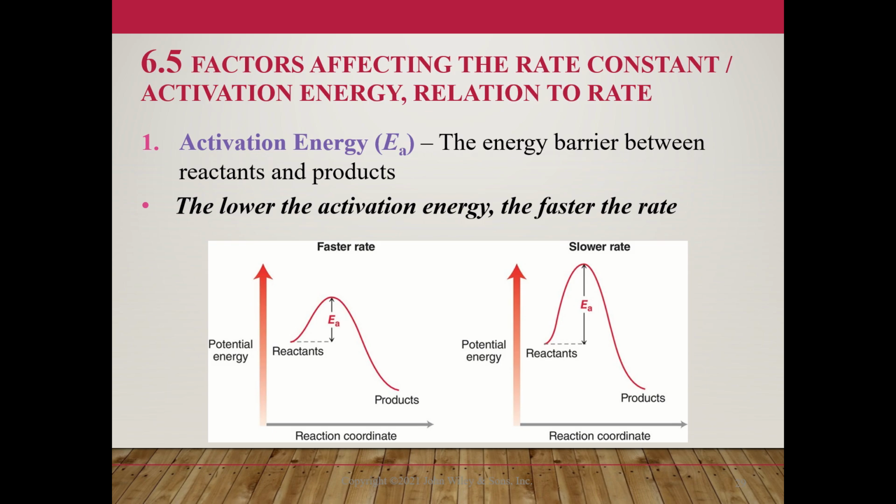The lower the activation energy, the faster the rate, because it's a lot easier to overcome, and there are going to be more reactants that will collide with enough energy to overcome that smaller hump than when there is a larger hump. That activation energy barrier is rate determining. Basically, the bigger it is, the slower your rate; the smaller it is, the faster your rate will be.